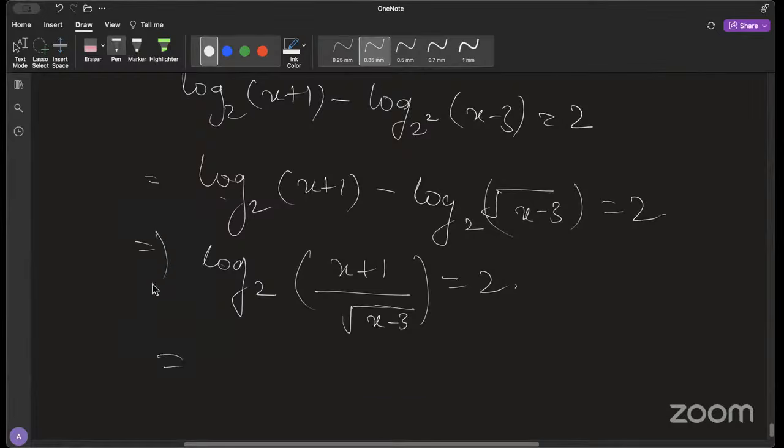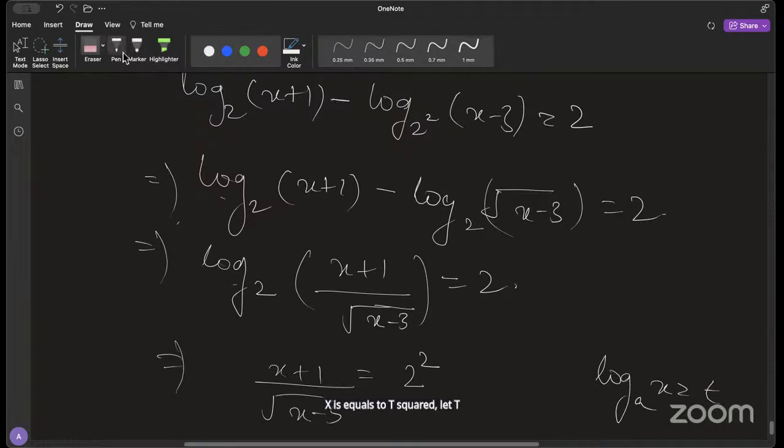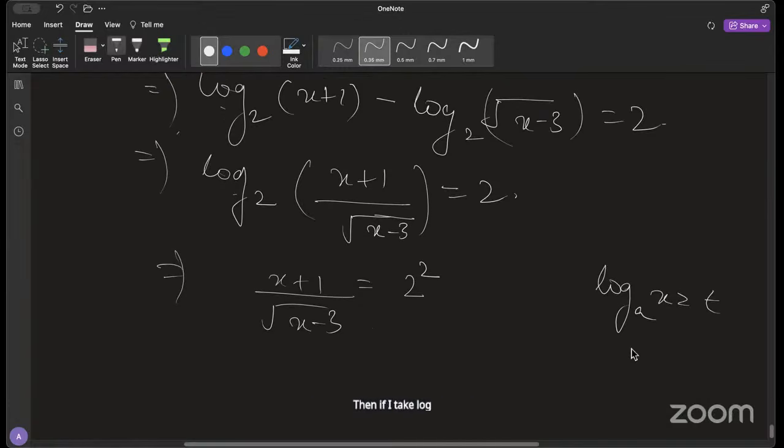This means (x+1) by the square root of (x-3) equals, taking the log to the other side, 2 to the power 2, right? If I have log_a x is equal to t, then if I take log on the other side, I get x is equal to a to the power t, right? That's how things change.